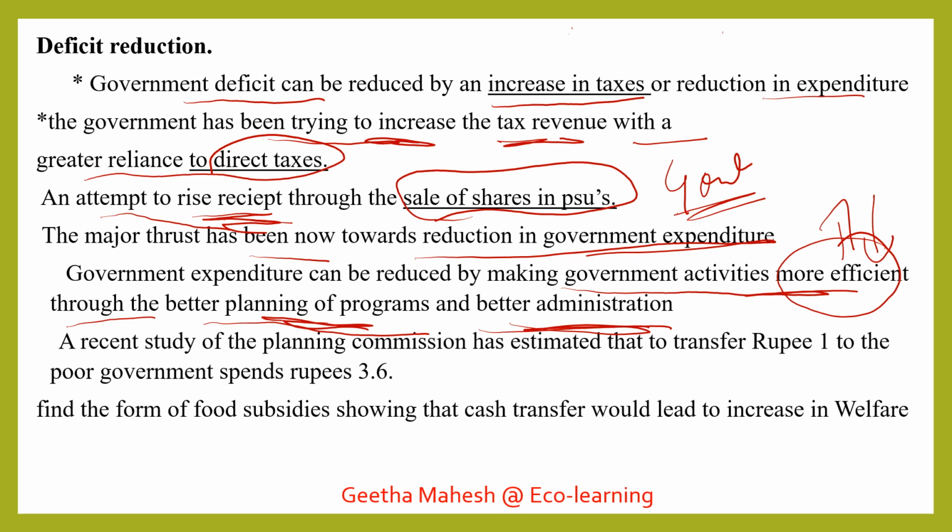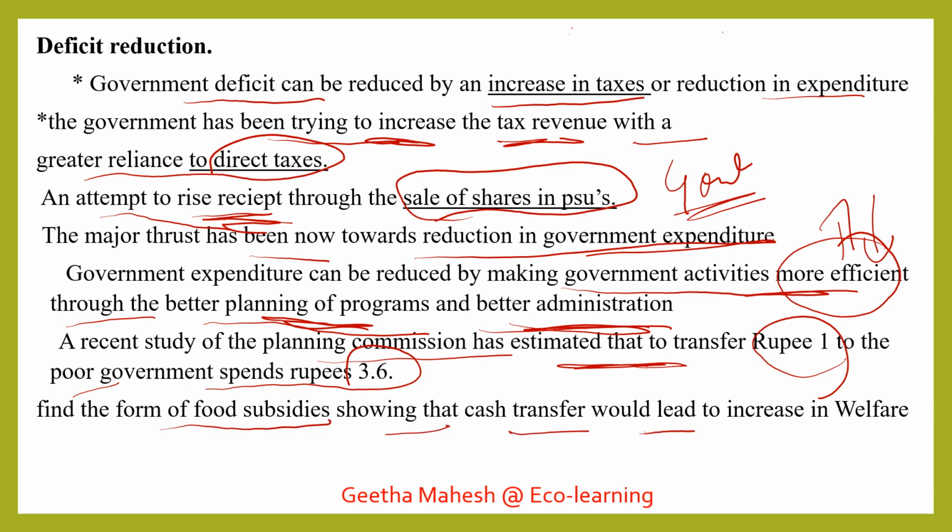A recent study of the Planning Commission has estimated, and this is a good example, that to transfer 1 rupee to poor people, government spends 3.6 rupees. So you have to find a form of food subsidies showing that cash transfer would lead to increase in welfare.